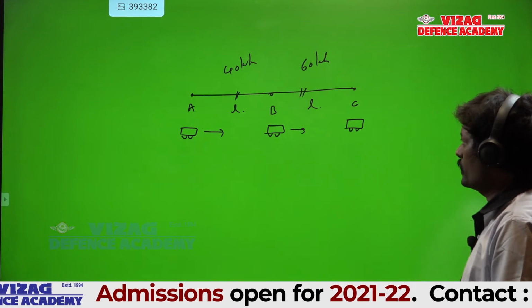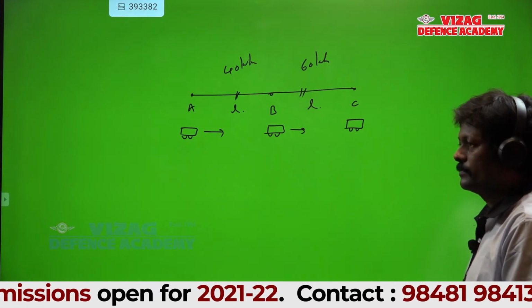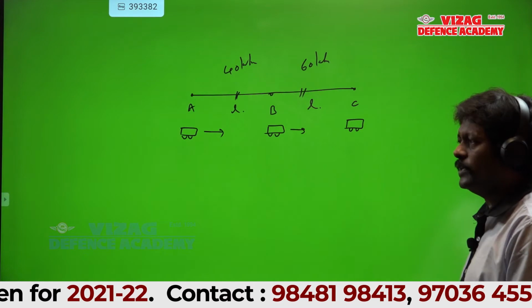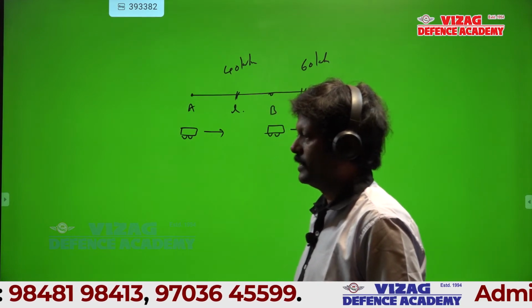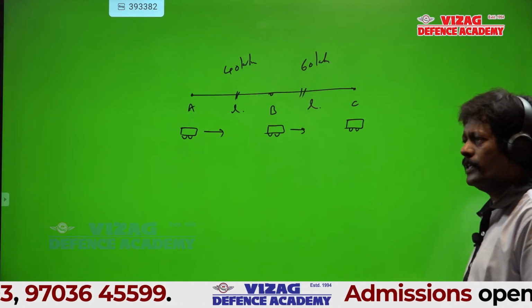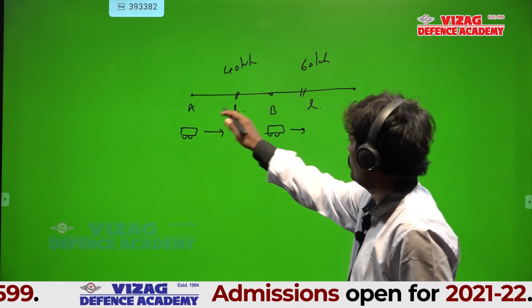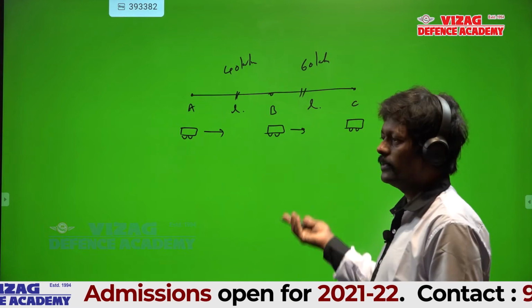Who can tell me the total displacement? 2L, sir. Who is that? Maitri. So simple. A to B L, B to C L, 2L.